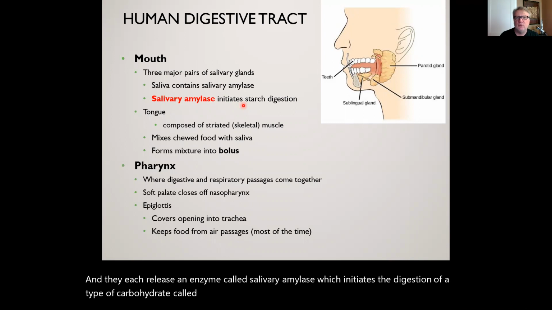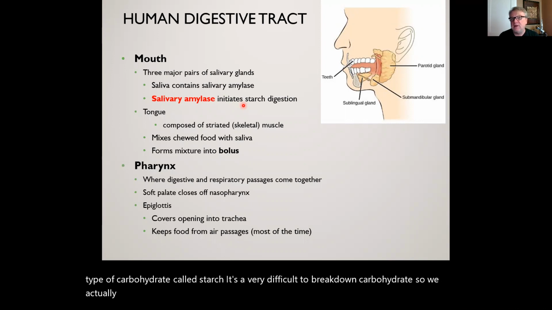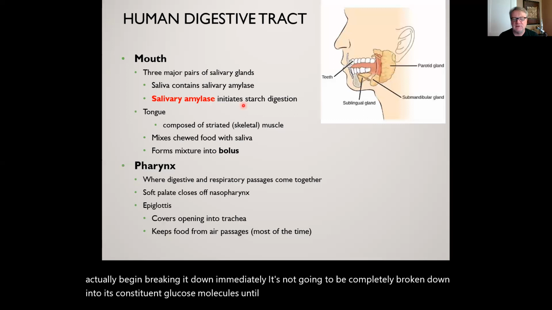It's a very difficult to break down carbohydrate, so we actually begin breaking it down immediately. It's not going to be completely broken down into its constituent glucose molecules until it gets into the small intestine.